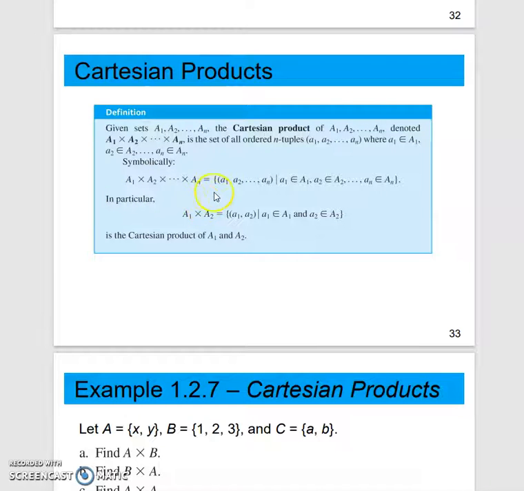And we would say then that we've got those ordered tuples, (a1, a2, all the way up to an), where we would understand that the first element, little a1, is in the first set, big A1. The second element, a2, is in the set A2, and so on, all the way up to the element a sub n is in the set A sub n. And again, that cross of just 2 is definitely going to be the most common.